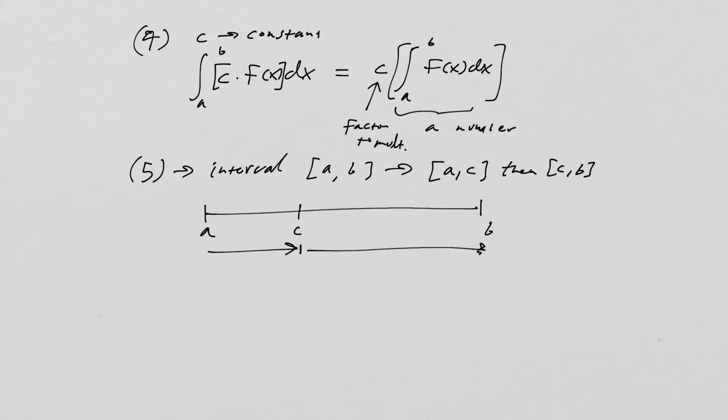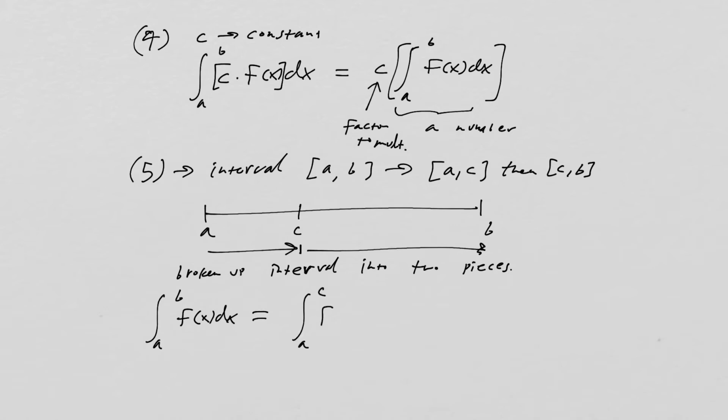And so we have now an identity: what we've done is we've broken up the integral, or the interval, into two pieces. Okay. So what I can do is say that the integral from a to b of f of x dx can now be written as the integral from a to c of f of x dx.